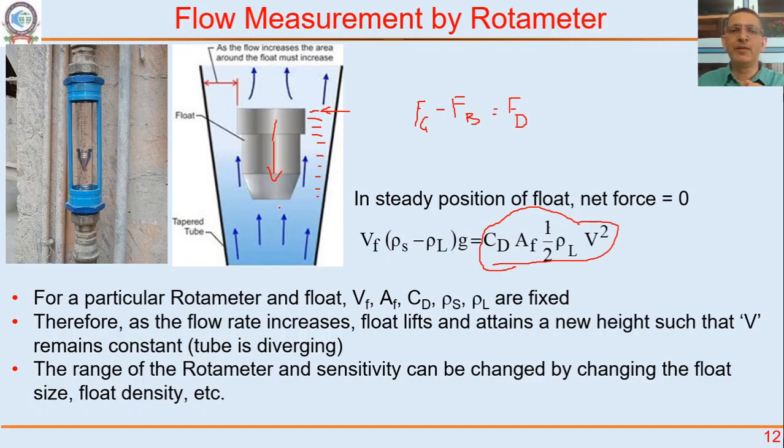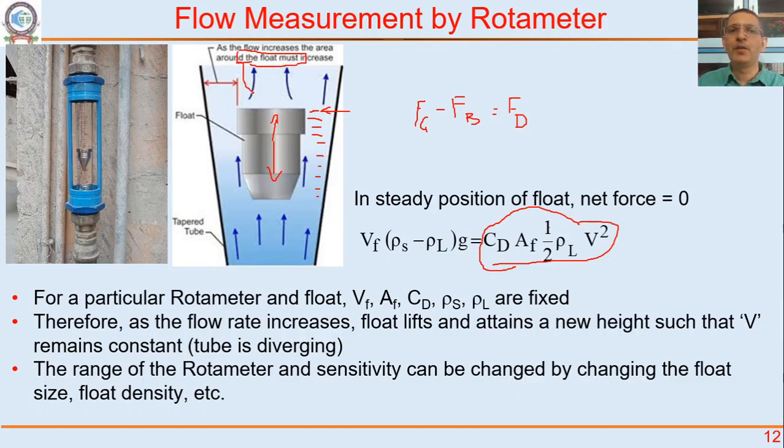Now if I increase the velocity, what will happen? Gravitational force is unchanged, buoyancy force is unchanged, but drag force will increase. If drag force increases, there is a net upward force, then this float will go up. But if it goes up, what happens to the cross-sectional area now?